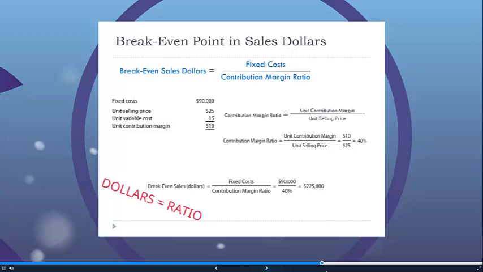To get a contribution margin ratio, we take our unit contribution margin and divide by our selling price. This is equal to 40%. Therefore, if we want our break-even sales dollars, we take our fixed cost, divide that by our 40%, which gets us to $225. This would be how much in sales we need to make to break even.